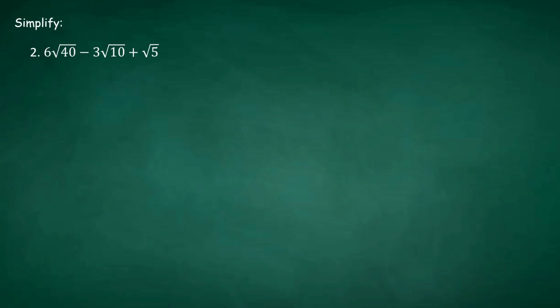Number 2. Simplify. 6 square root of 40, minus 3 square root of 10, plus square root of 5. The factor of 40 is 4 times 10. The expression becomes 6 square root of 4 times 10, minus 3 square root of 10, plus square root of 5.